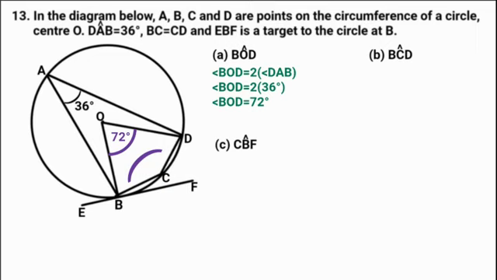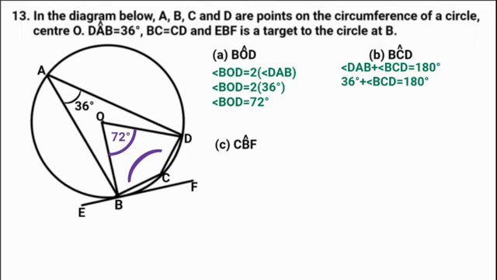We're going to say angle DAB plus angle BCD is equal to 180 degrees. Then what is the value of angle DAB? Angle DAB is 36 degrees. So we're going to write 36 degrees plus angle BCD, which we don't know, that's what we want to find out, is equal to 180 degrees.